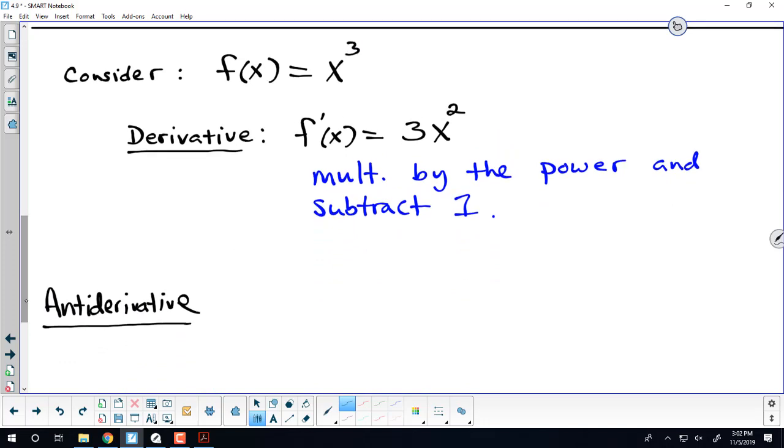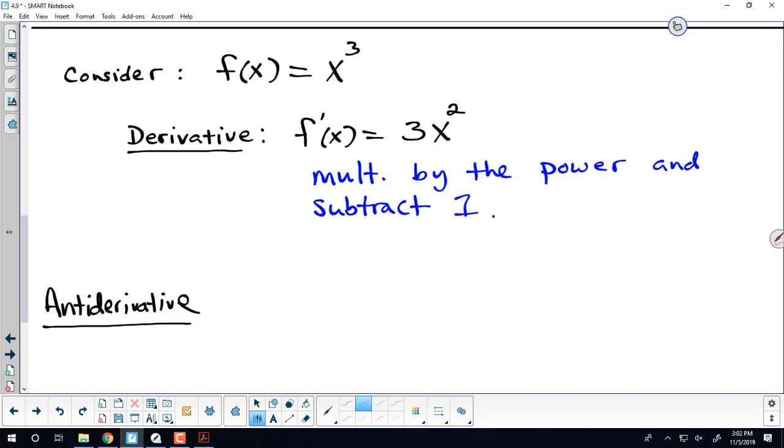If we look at how we take the derivative of powers, the power comes out front, we multiply by the power, and then we subtract 1 from the power. If the antiderivative is the inverse operation of derivatives, then we just need to reverse that process.